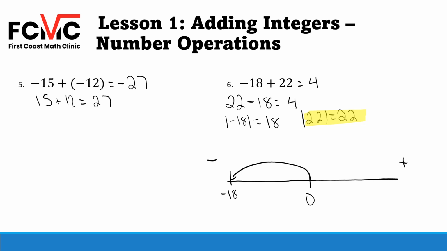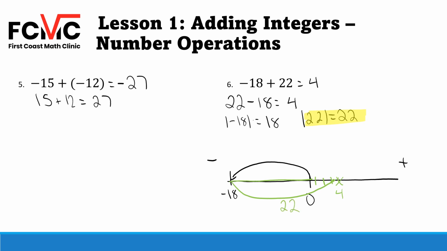Then we're going to go back 22 units into the positive. And then we go back 1, 2, 3, 4. So we're going to wind up at positive 4. And we go back a positive 22.